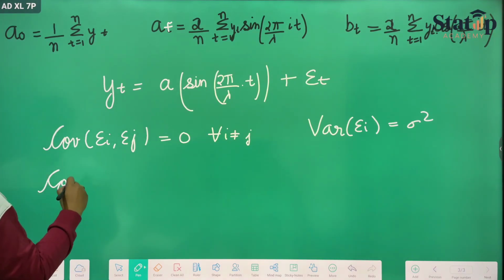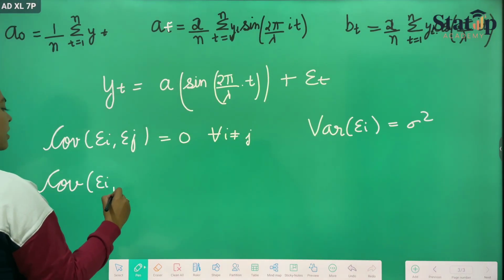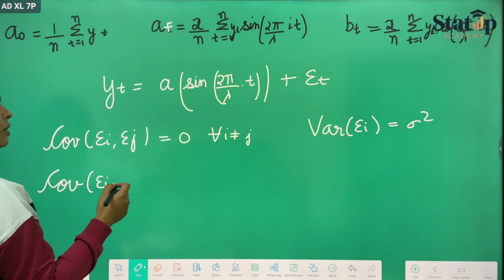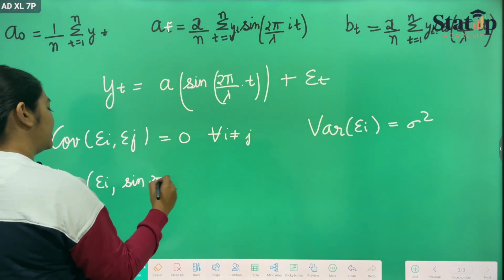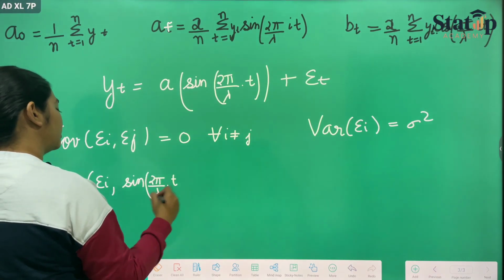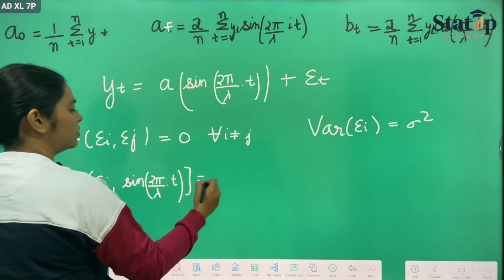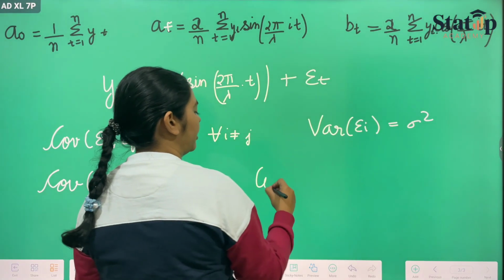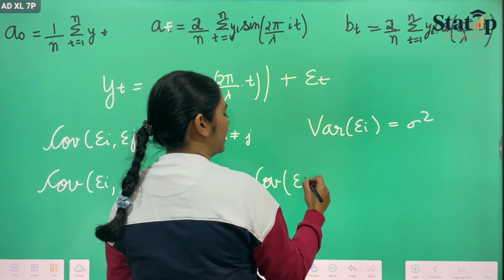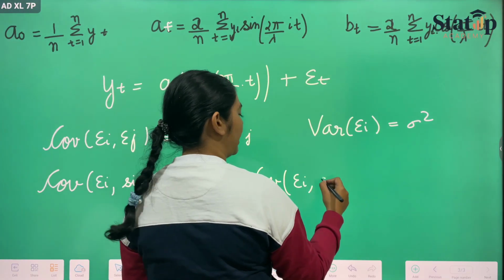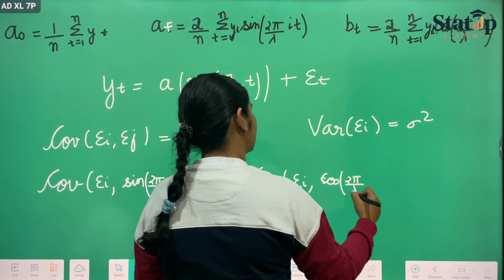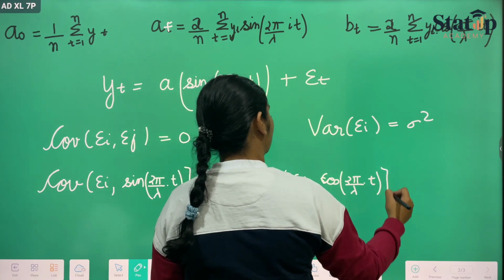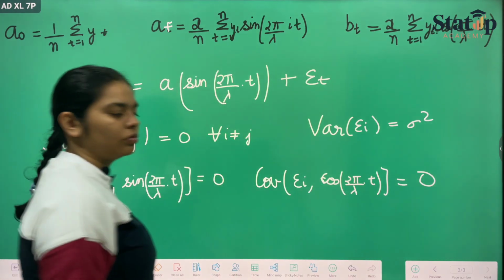Covariance between epsilon i and sine 2 pi by lambda t should be equal to 0, and covariance between epsilon i and cos 2 pi by lambda into t should also be equal to 0.